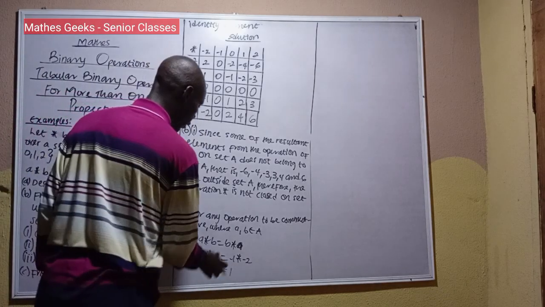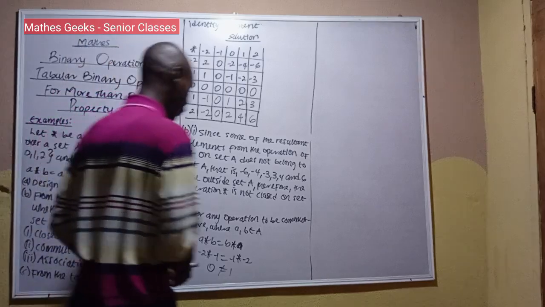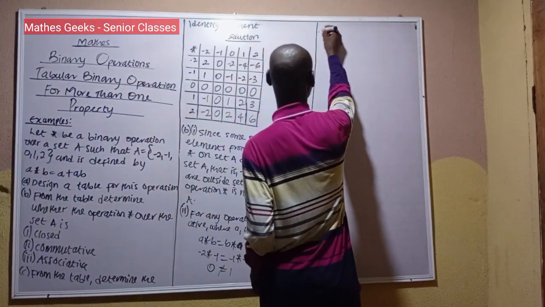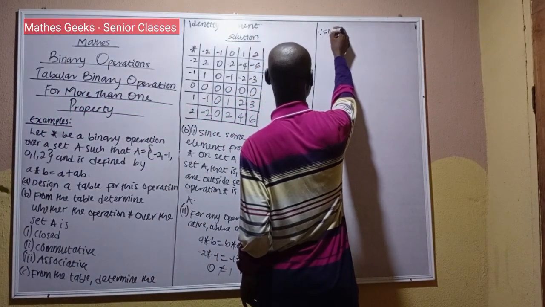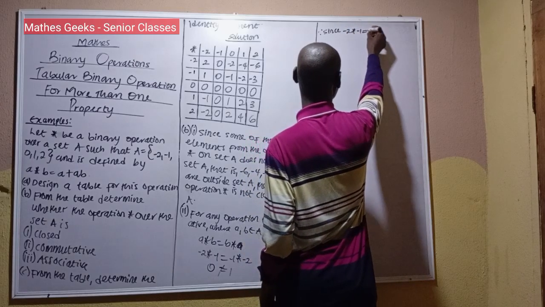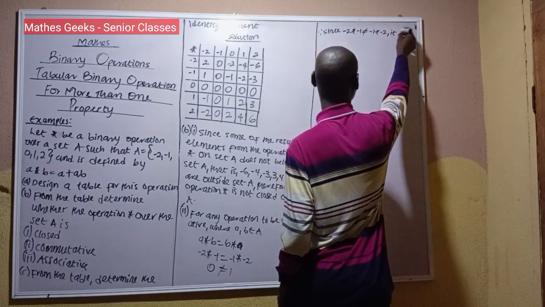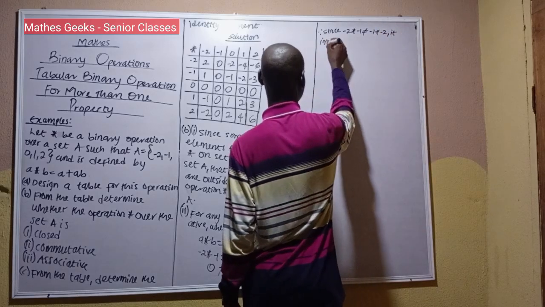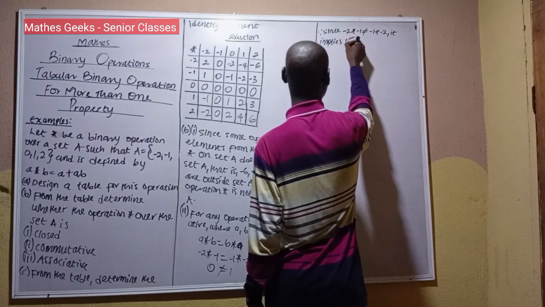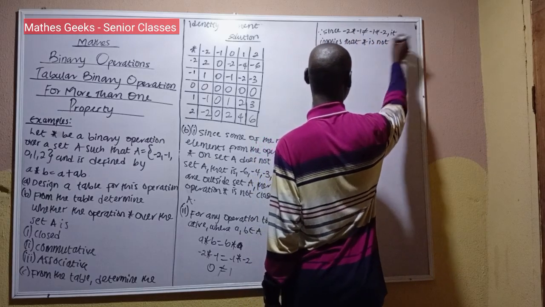So this shows that the commutative property does not hold. Therefore, since -2 star -1 is not equal to -1 star -2, it implies that star is not commutative.